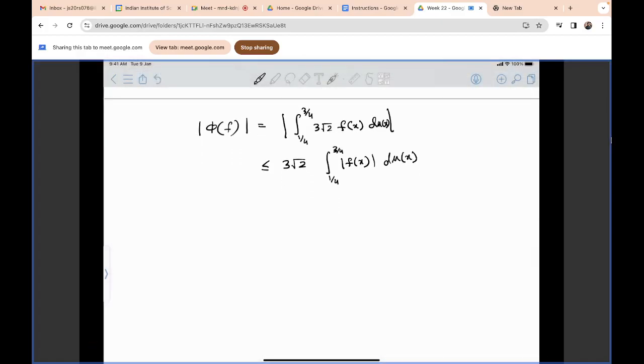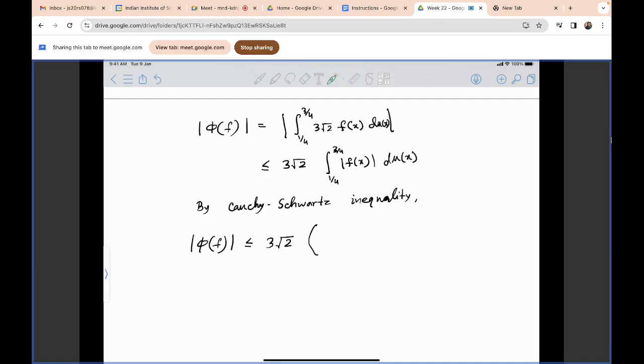Now using the Cauchy-Schwarz inequality, what will we get?